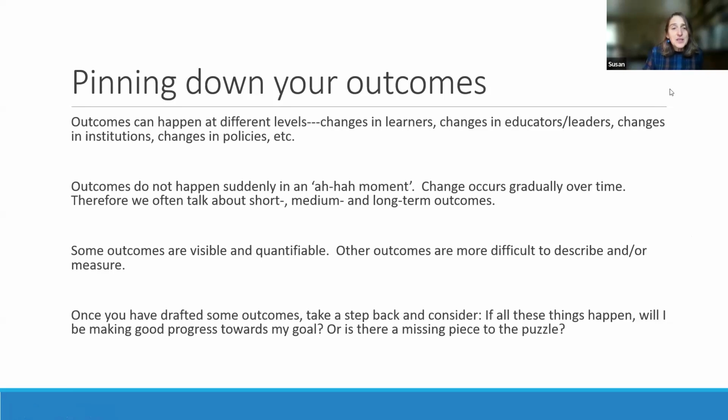And then also to realize that some outcomes are visible and quantifiable. If you are trying to get people to enroll in a competition, that's really easy. You can just count how many entries you have. Other ones are much more difficult to describe.